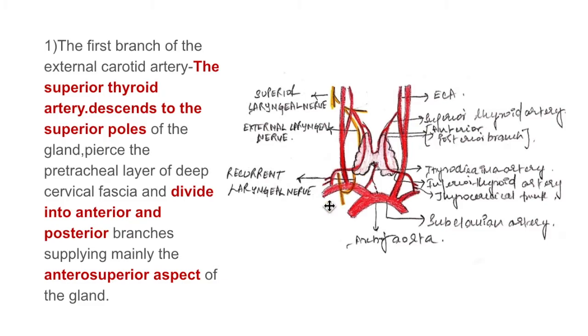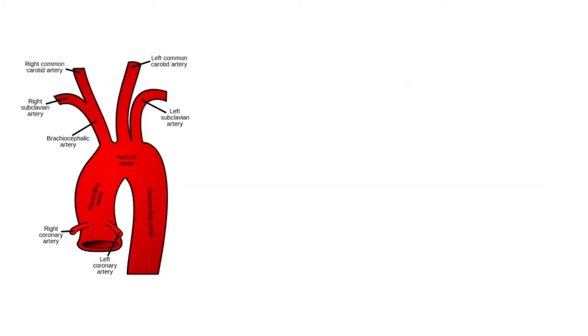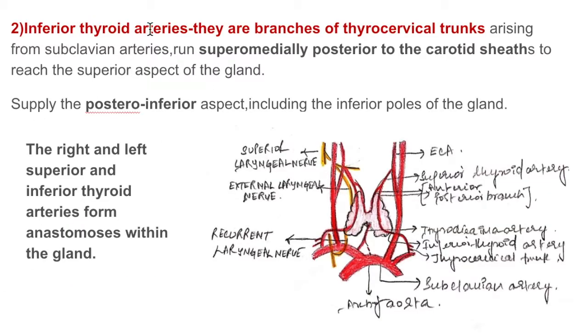So let's go to the inferior thyroid artery. These are branches of the thyrocervical trunk arising from the subclavian arteries. They run superomedially posterior to the carotid sheaths to reach the superior aspect of the gland and supply the postero-inferior aspect, including the inferior poles of the gland. Again the same idea follows.